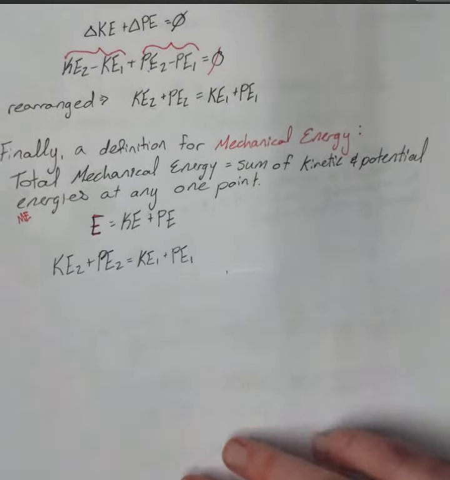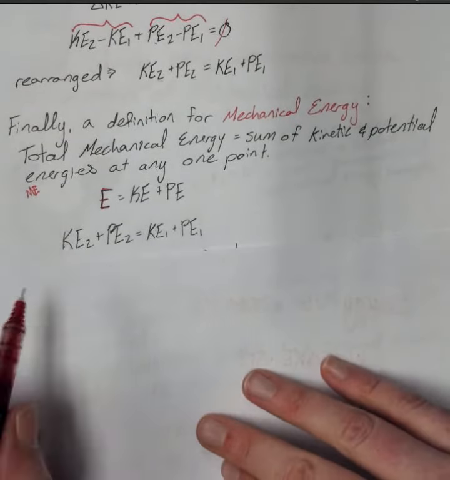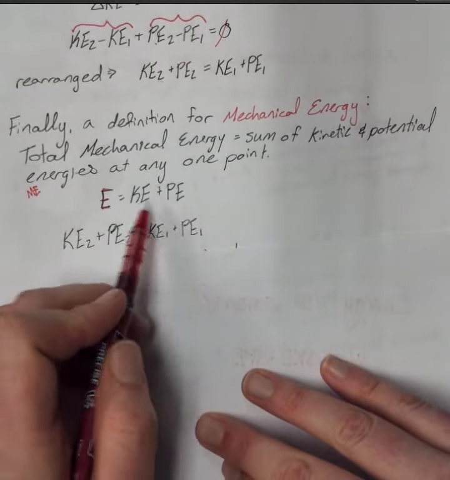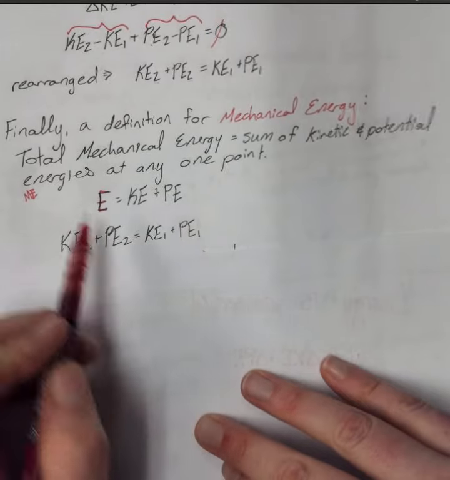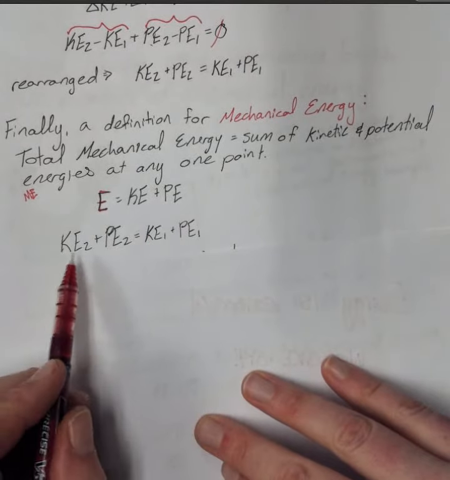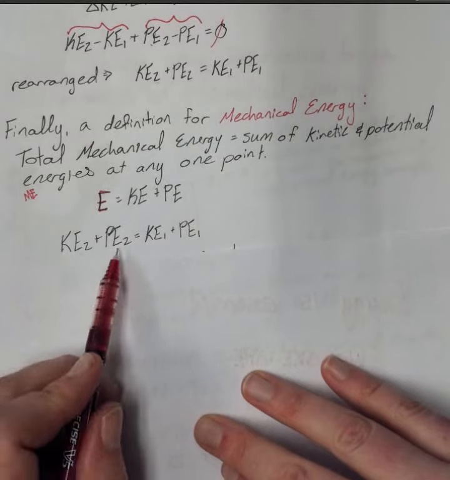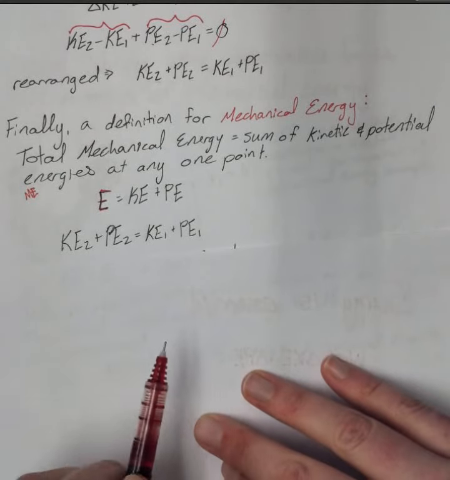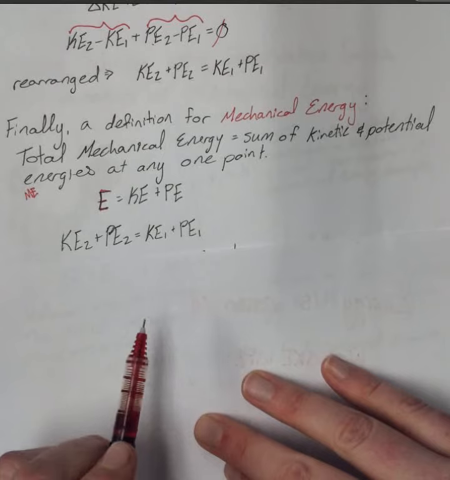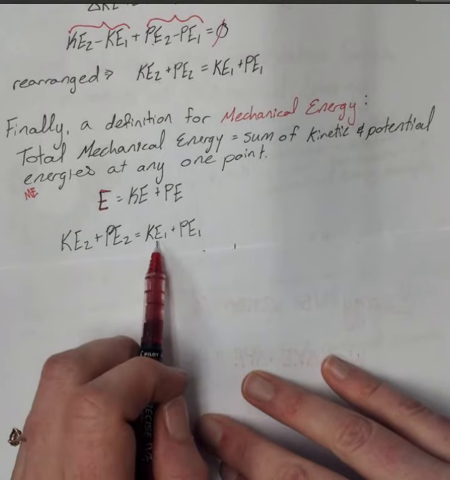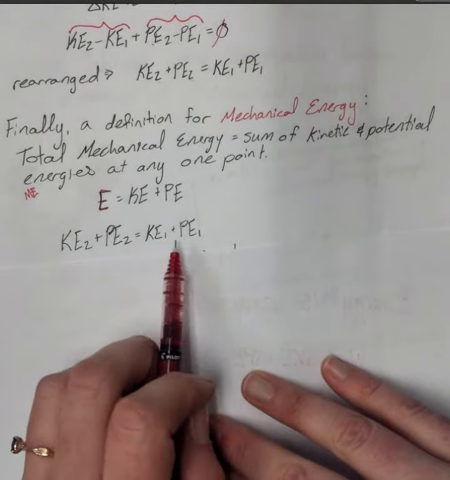So what we're saying in this equation is that if energy equals KE plus PE, then the energy of the system at the second point that we analyze will equal the kinetic energy at that second point plus the potential energy at that second point. And if no non-conservative forces are working, that amount will be equal to the kinetic energy at the first point and the potential energy at the first point added together.